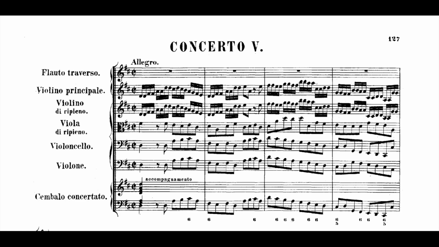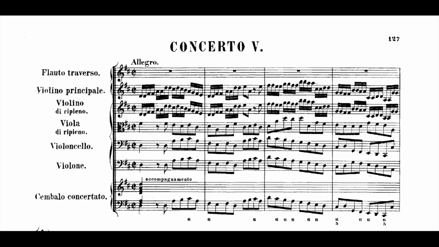In fact, if we look at the scoring for this concerto, we have flauto traverso. This really is a flute, and then rather than a recorder, we've got the violino principale, so we've got the solo violin, and we've got the cembalo concertato, that's at the bottom of the score. And then we've only got one violin part, one viola part, one cello part, one violone, that's the double bass part.